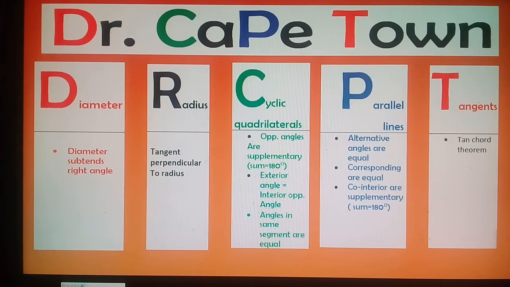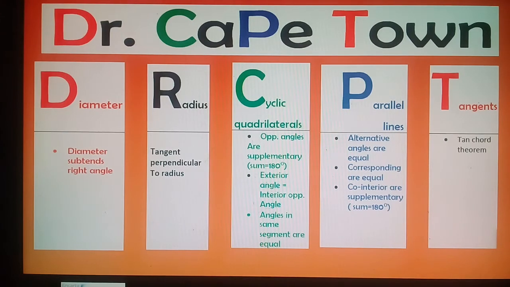Whenever we see a Euclidean geometry problem, we have to use Dr. Cape Town. We are looking for a diameter, a radius, a cyclic quad, parallel lines, and a tangent. Then we can solve the problem.